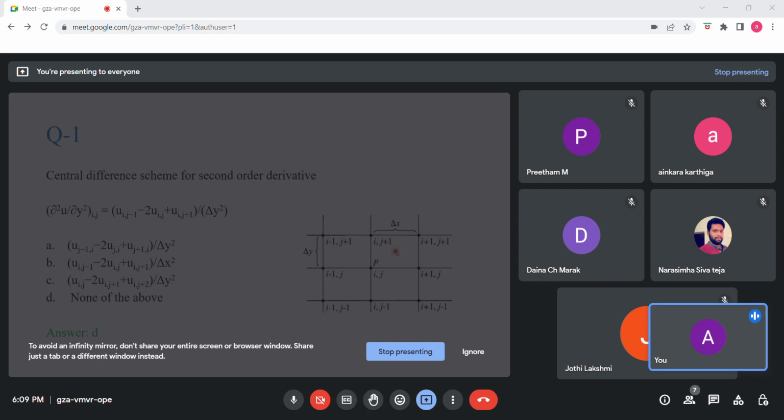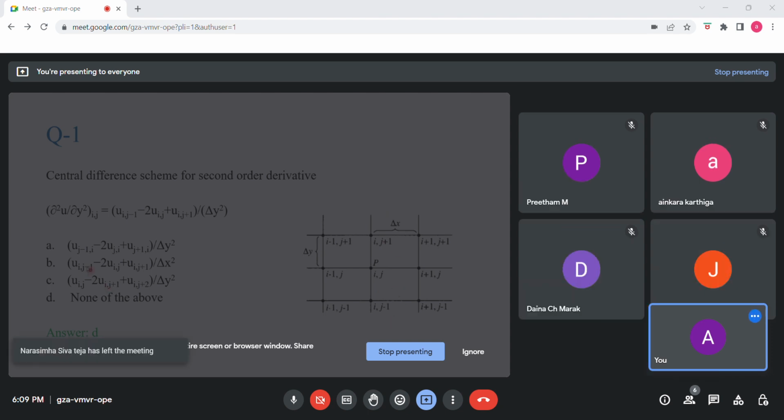All these together give the second order difference for ∂²u/∂y² at (i, j), and since it is with ∂y², we get Δy². The thing to be noted is it is Δy². So the change happens with the j factor, that is, it varies along the y axis.